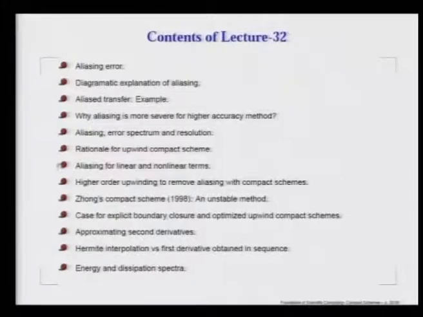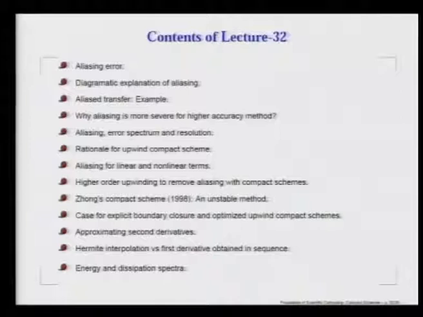And having defined aliasing for linear and nonlinear terms, we will introduce higher order upwinding to remove aliasing, and then we will show that Zhong's compact scheme, which is again a higher order upwind scheme, a fifth order upwind scheme, unfortunately, because of the boundary closure problem, once again turns out to be an unstable method.